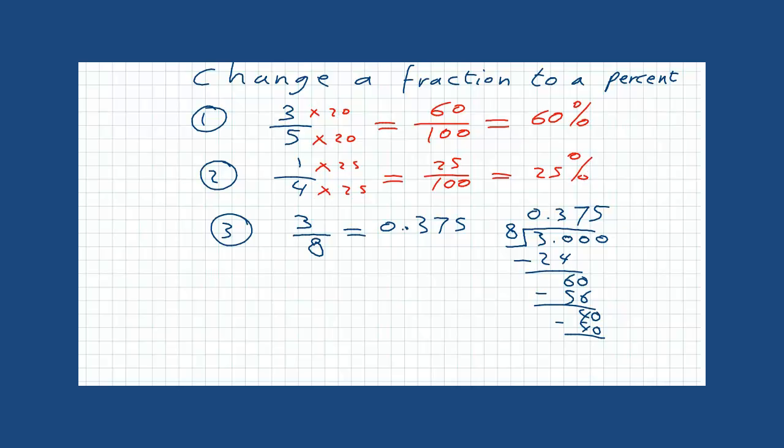So if you multiply this number by 100, you will have 37.5%. So if we need to change a fraction to a percent, first change the fraction to a decimal, then change the decimal to a percent by multiplying the decimal by 100.